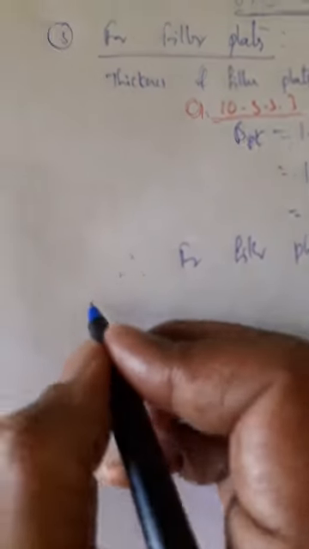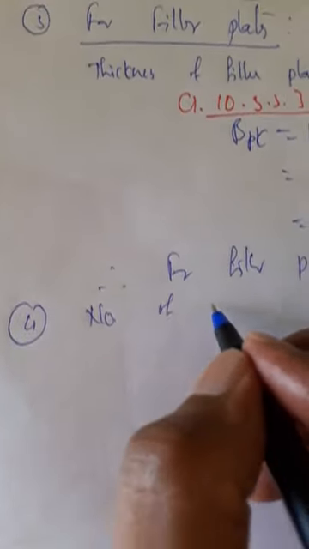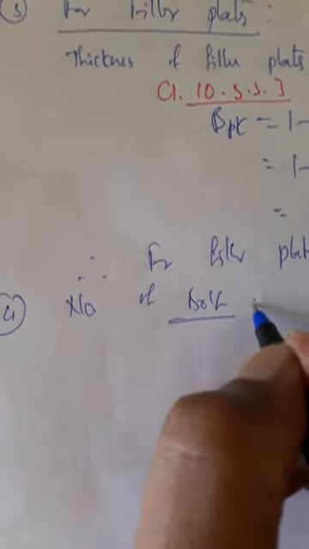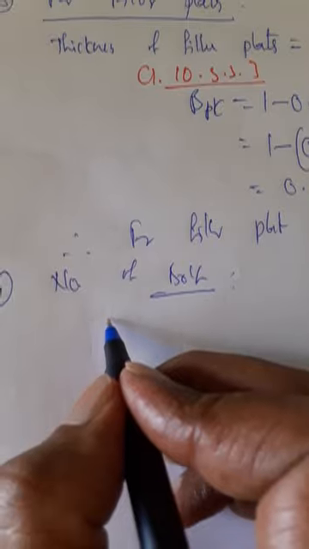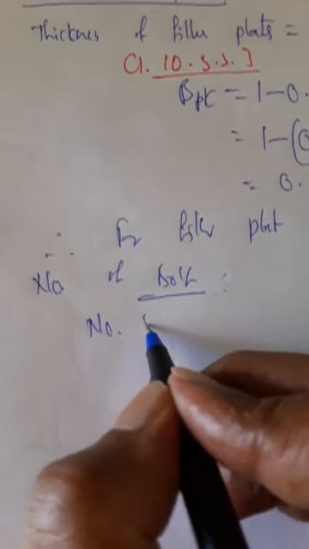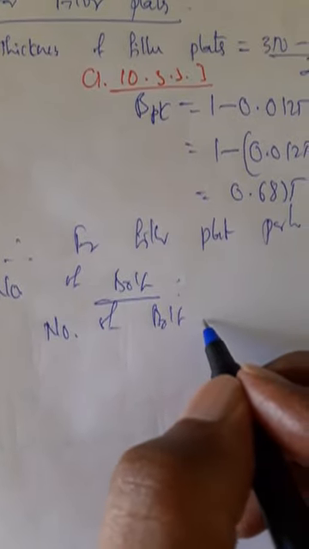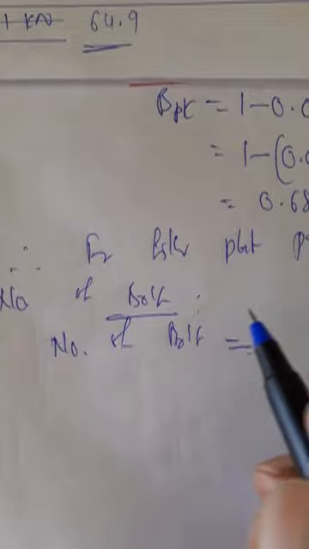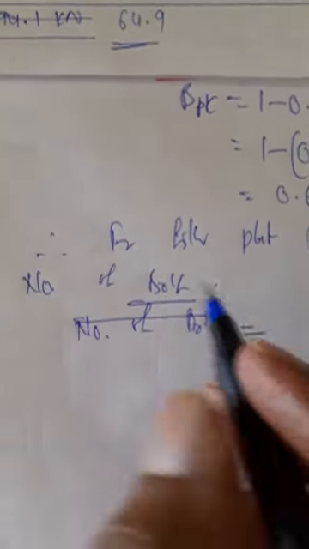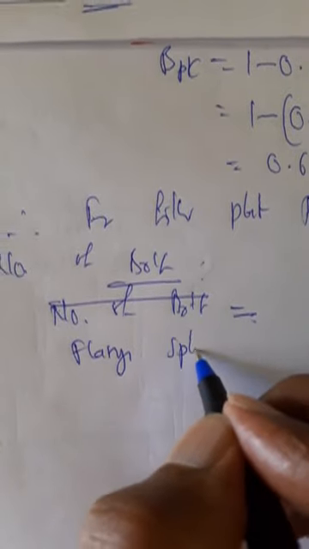Next, fourth, number of bolts. Now calculate number of bolts for flange splice.